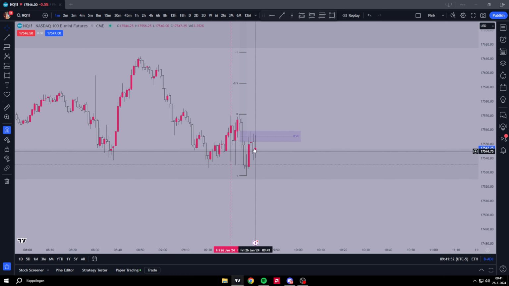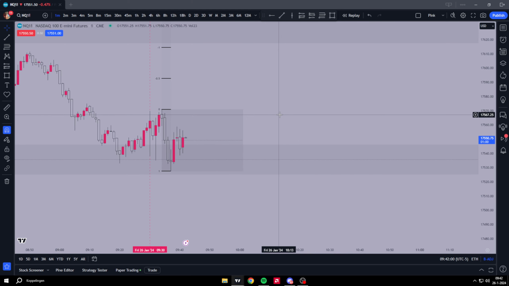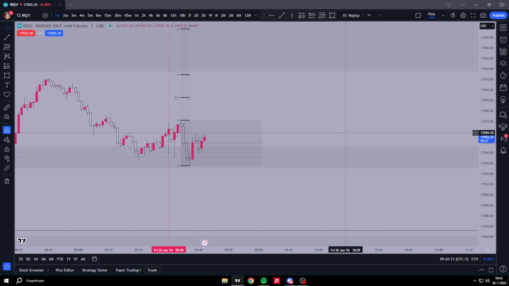We just wait, just too much accumulation. Accumulating inside of this range. Just too much accumulation.